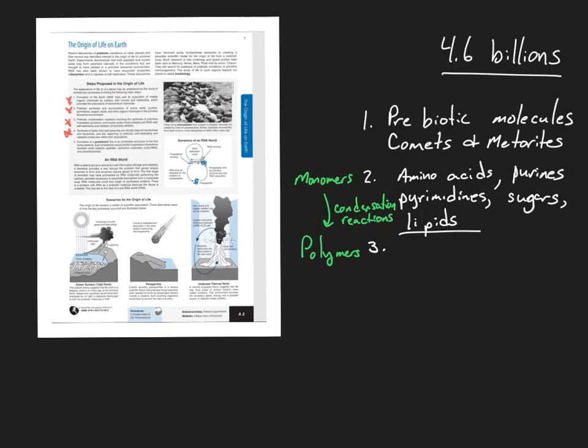And the key is that in step 3, you start to make some of these polymers. So things like peptides, these peptides and basic nucleic acids, probably RNA, probably.